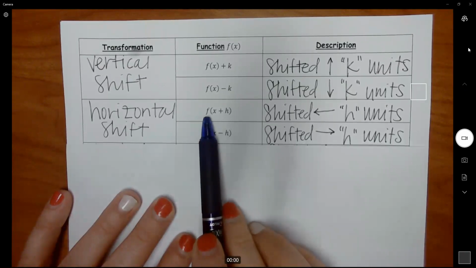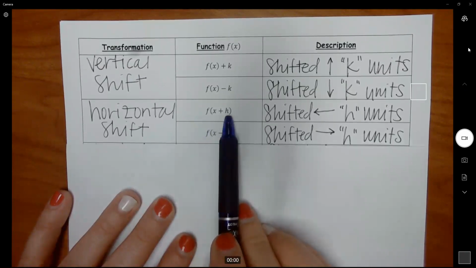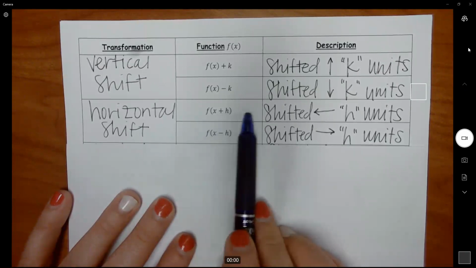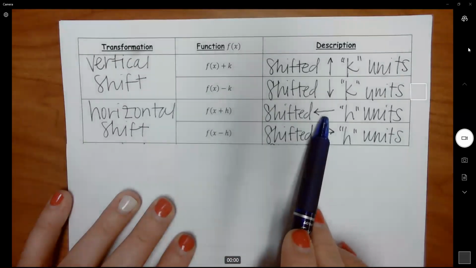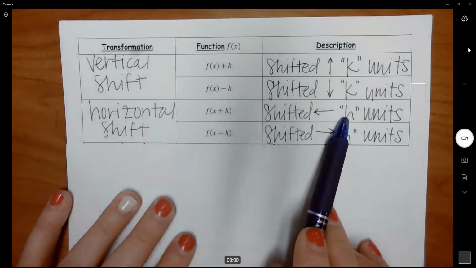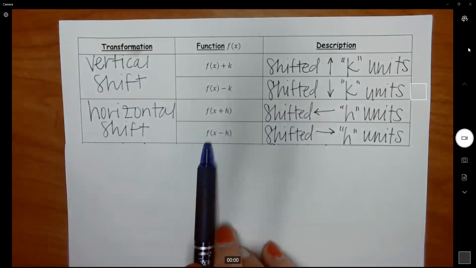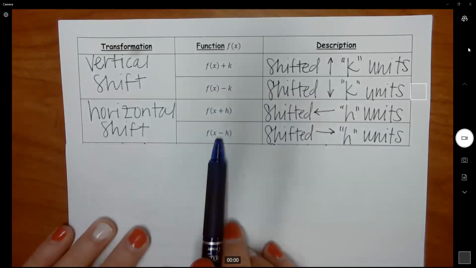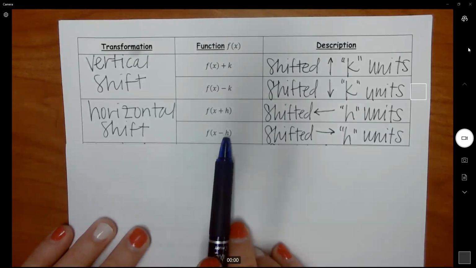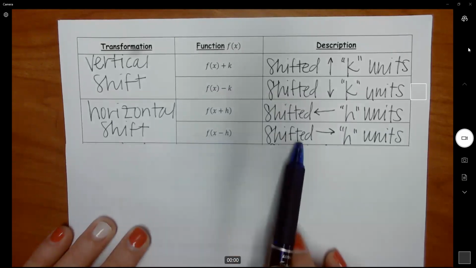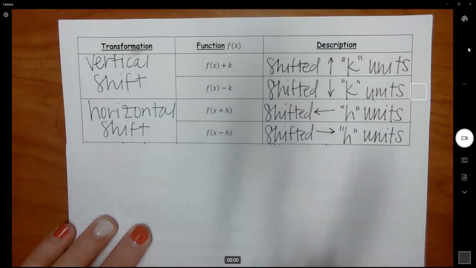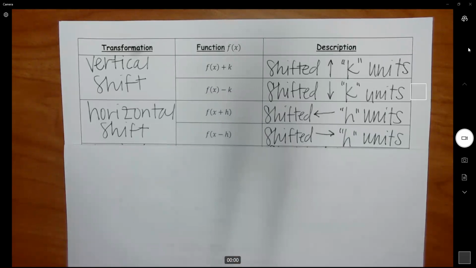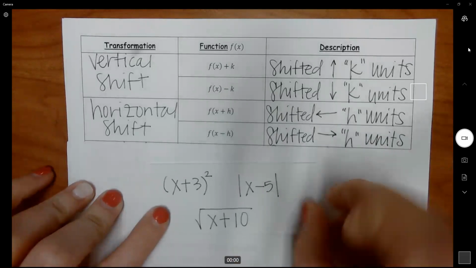So when I have f of x plus h, we think of going positive to the right, but it actually shifts it to the left h units. When you have f of x minus h, we think minus goes to the left, but this actually shifts it to the right h units. So some examples of this are right here.